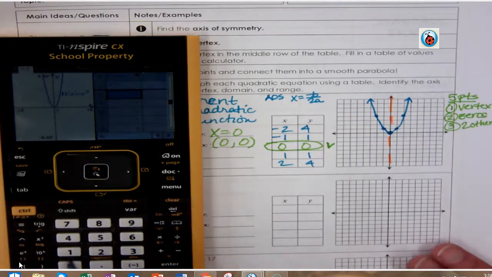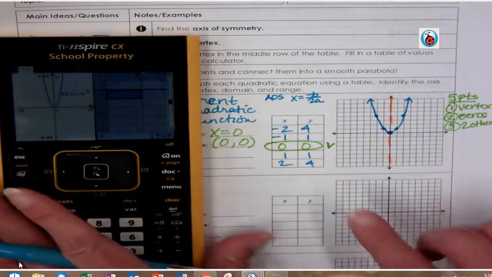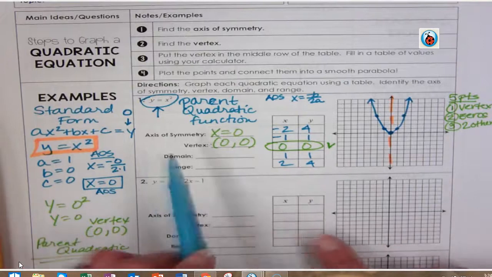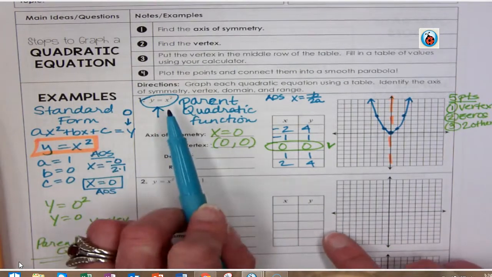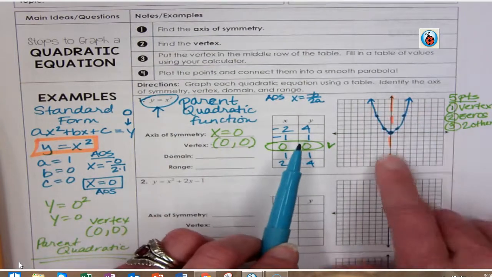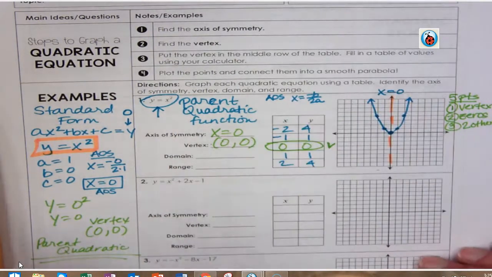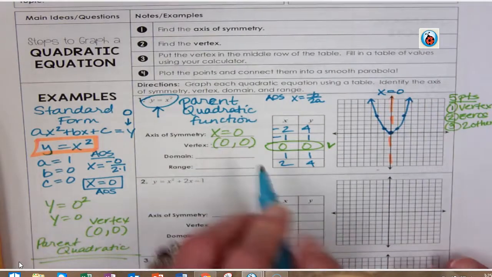All right. So now we've graphed our parabola, which opens up, which we knew because the x is positive. We've got our vertex. We've got our axis of symmetry, which is this line, x equals 0. Now we're looking for the domain.